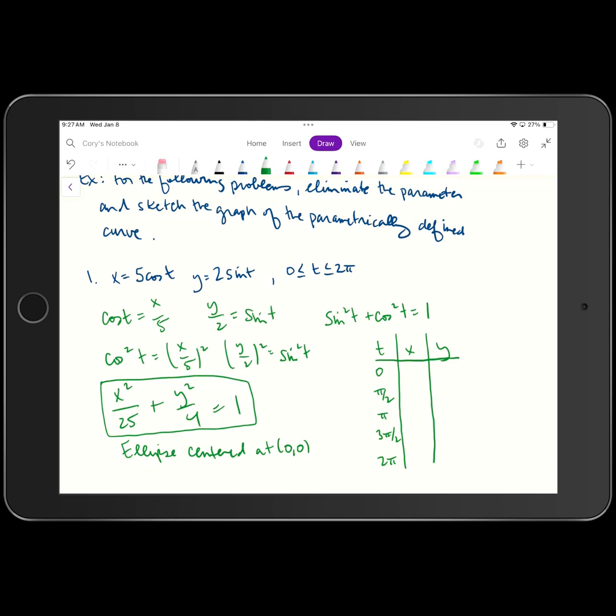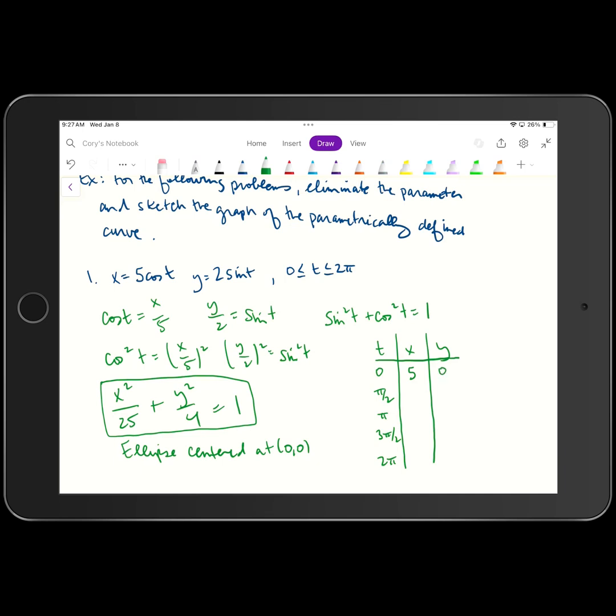So what we're going to do is plug those t values into our parametric equations. When I plug 0 in for t in both equations, 5 times the cosine of 0 makes the x coordinate 5. 2 times the sine of 0 is 0, so the y coordinate is 0.